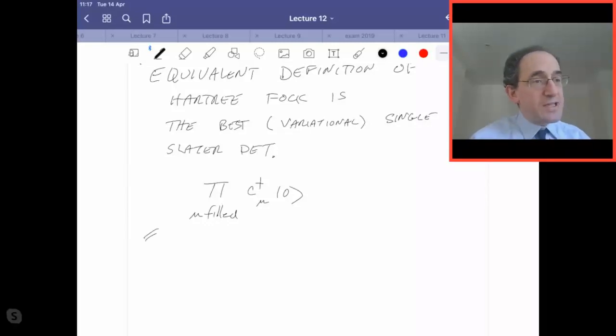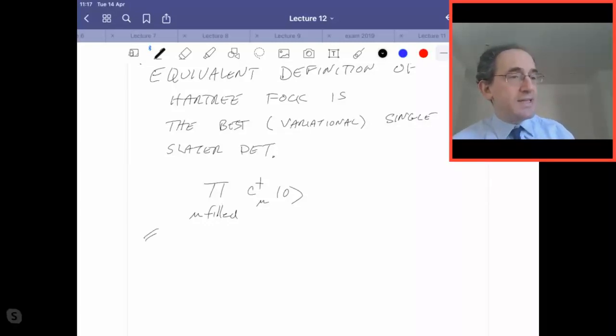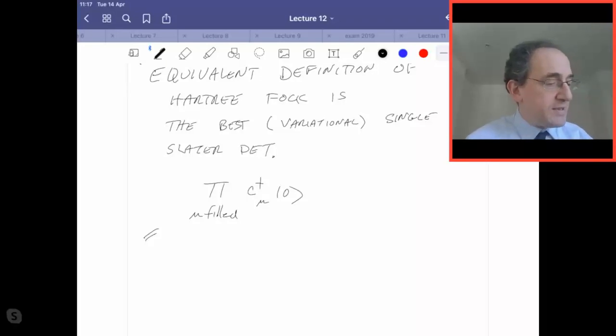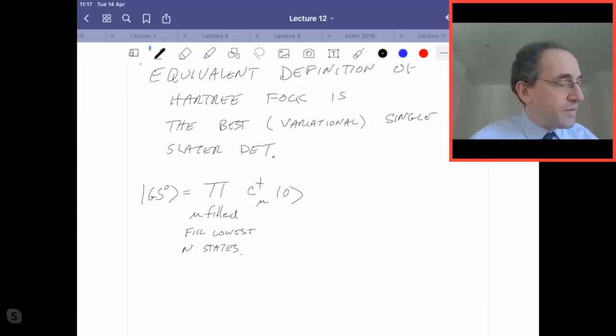The wave function we're going to consider is this filled Fermi sea, the ground state 0, where we fill up the lowest n states. If I have n orbitals, I have the energies of these states like this. They'll be filled. Maybe here's the chemical potential, and then I have a bunch of empty states here.